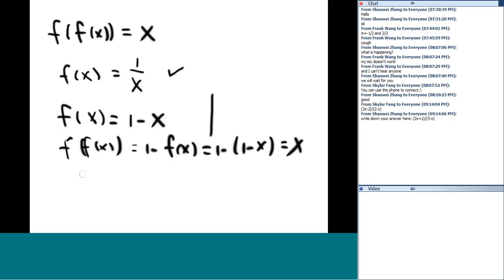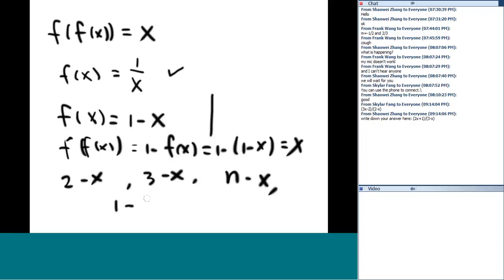Okay, 2 minus x is also good. 3 minus x is also good. n minus x is good, but minus x alone is not good. 1 million minus x. What else do you have? n minus m x?